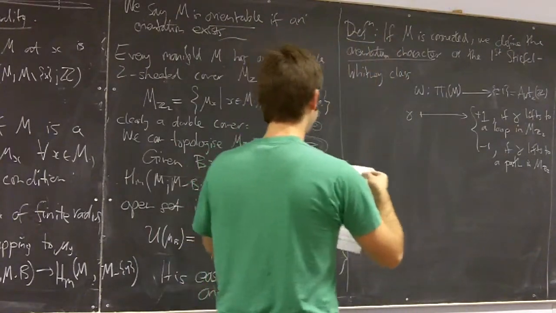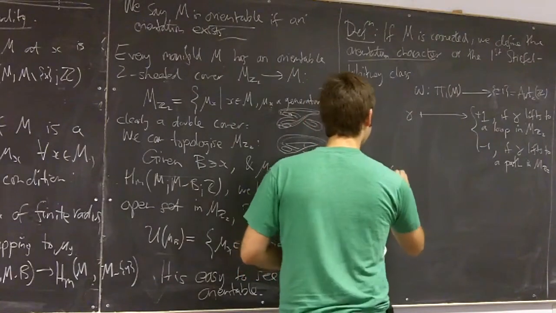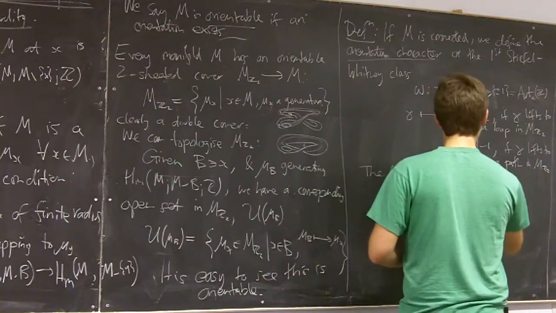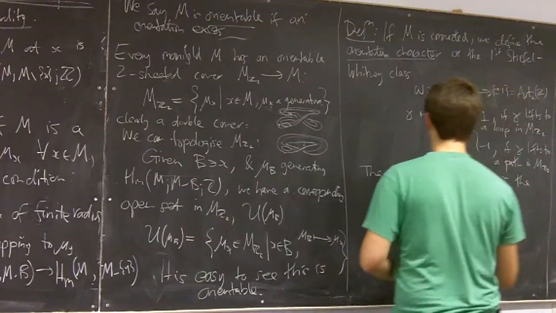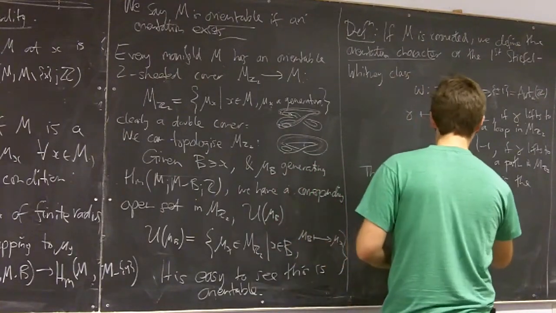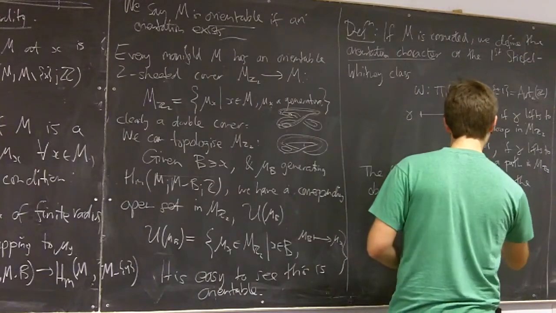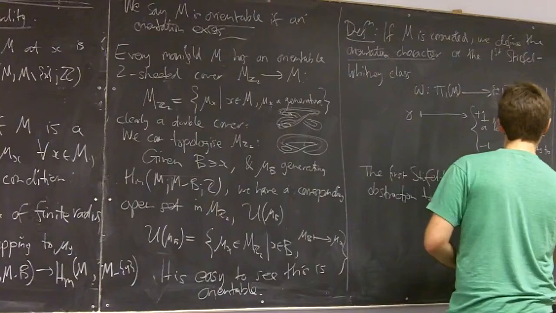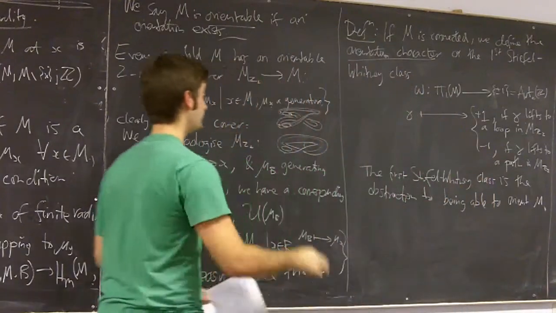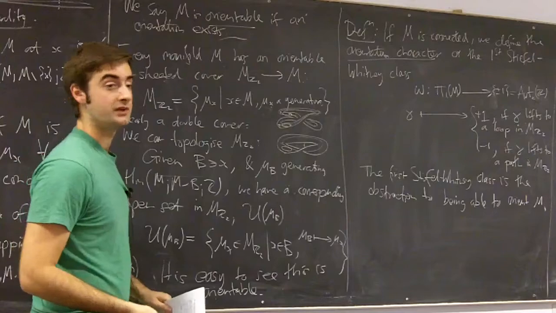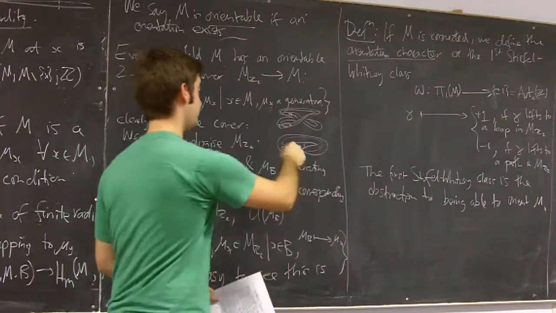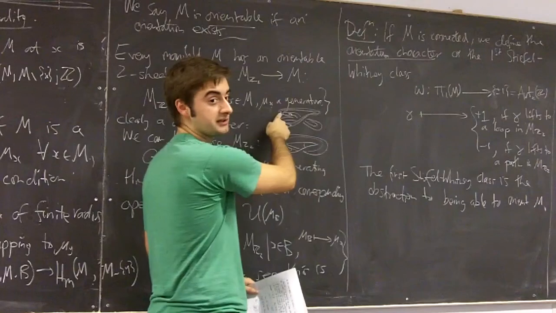So looking at this, it immediately follows that the first Stiefel-Whitney class is the obstruction to being able to orient M. As soon as you have a loop in M that maps to -1, or a loop in M that lifts to a path in the double cover, you know that you can't get a consistent choice of generators, because if you go around that loop, you switch generator when you get back to here.